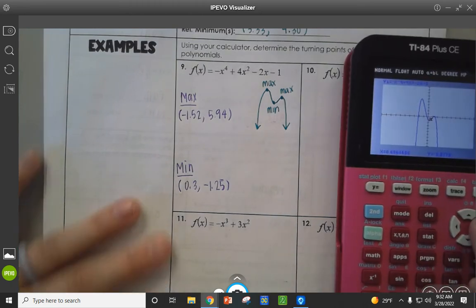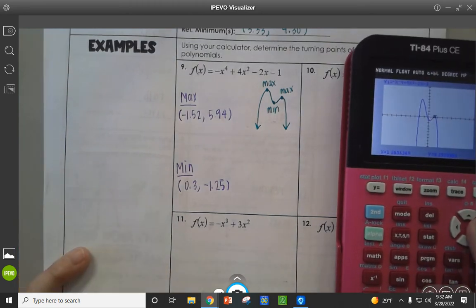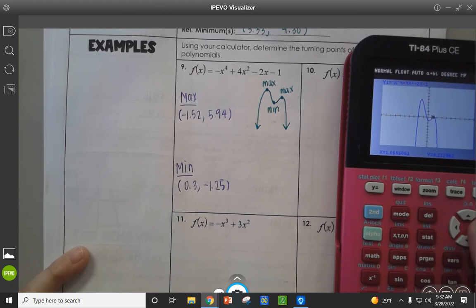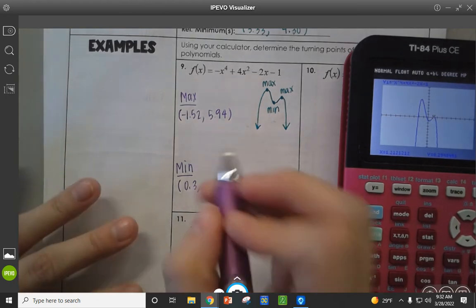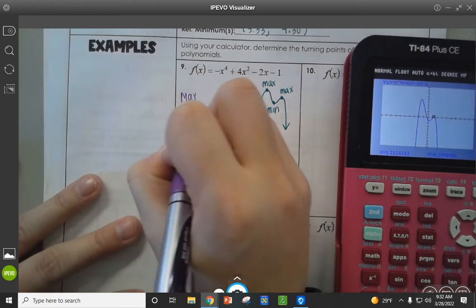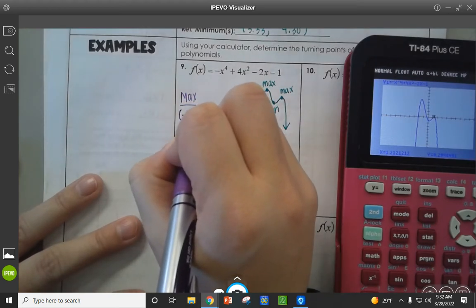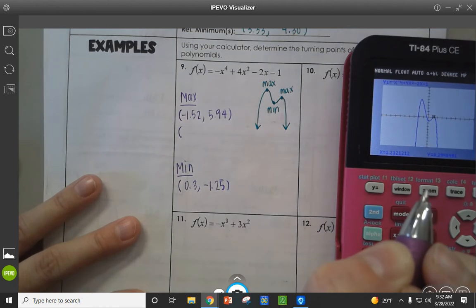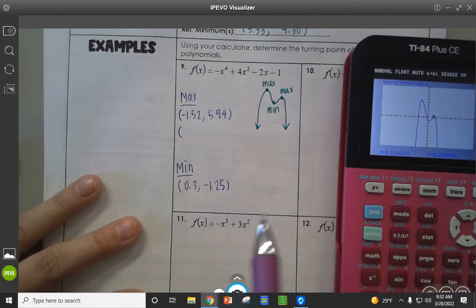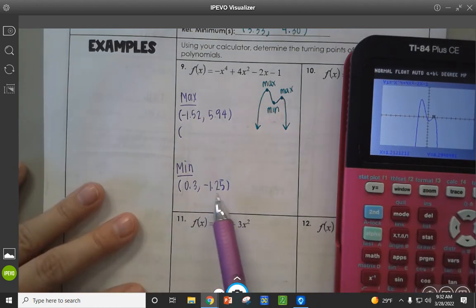And then I use my right arrow to go look for the max. So that one looks to be the highest y value in that area. I went down one more with that cursor on the min, and I got 0.15 and -1.21. That's fine.